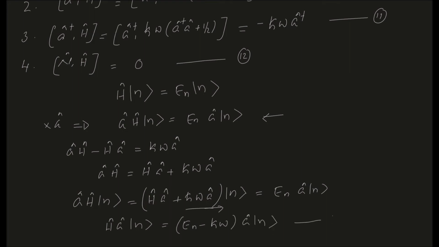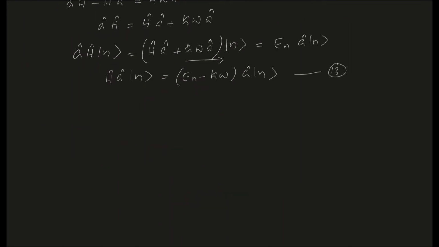So let's put equation number 13 here. Now you can see that if |n> is an eigenvector of H with an eigenvalue En, then An is also an eigenvector of this operator H, corresponding to an eigenvalue lowered by h cross omega, right? So the eigenvalue is lowered from En by 1 unit of h cross omega.